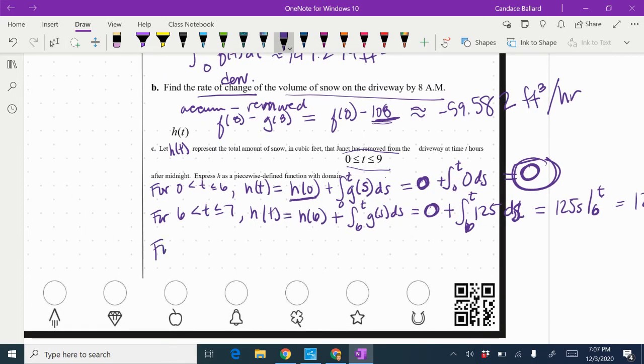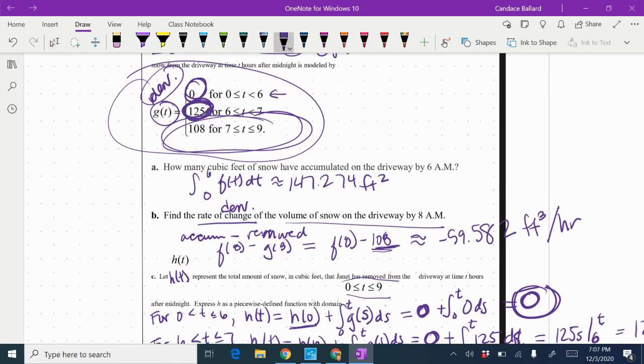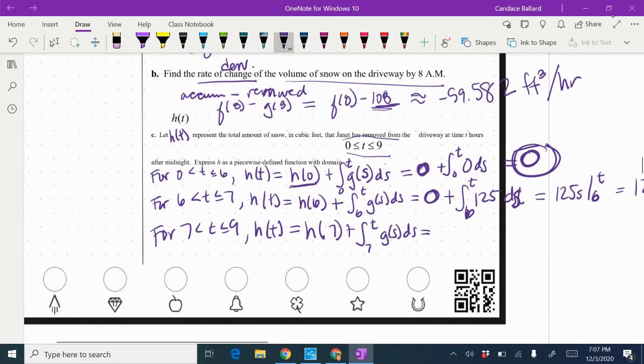And then for 7 to 9, H of T equals whatever's in the driveway at time 7, and then we're going to integrate, following the same pattern, from 7 to T of G of S ds. This time we know that at H of 7, we have 125 that's been removed, so I get to start with that number this time.